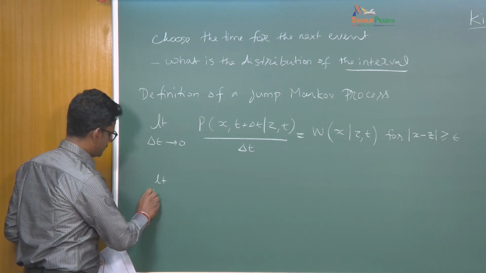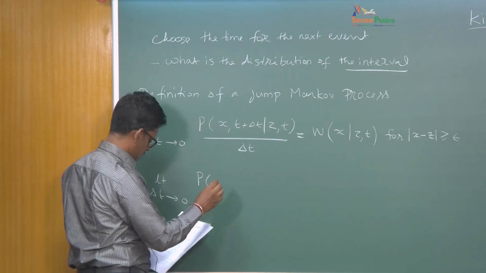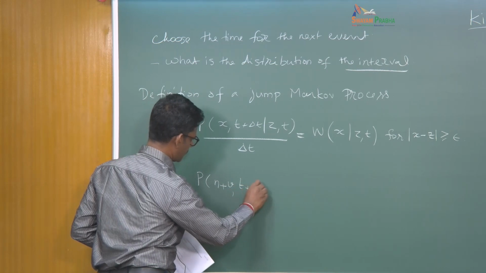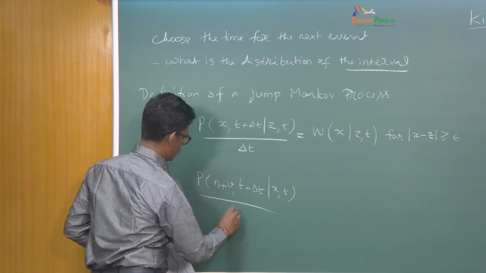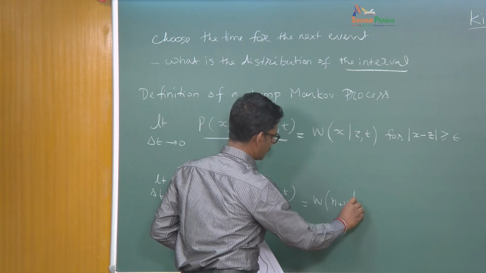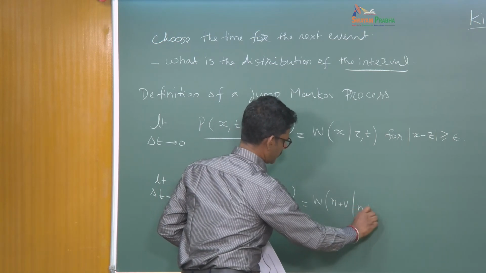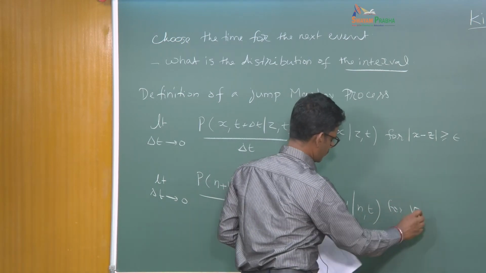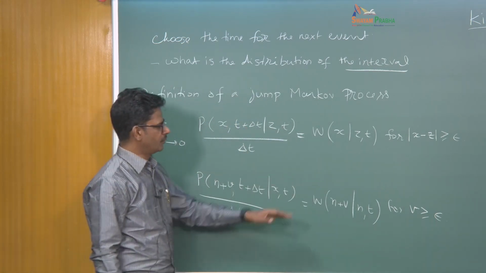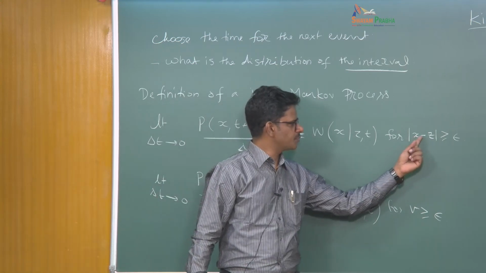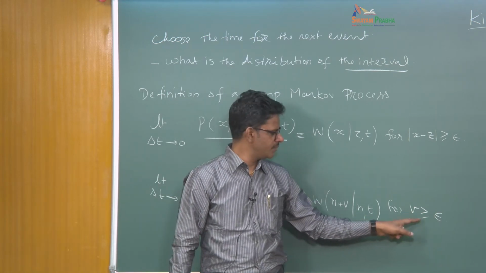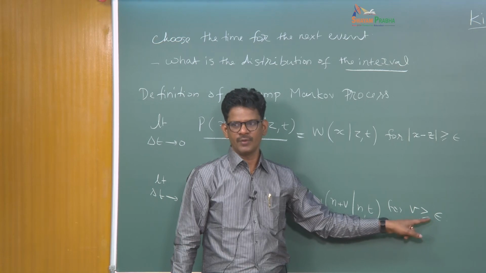So we will rewrite this. What I have done here is that I have said x minus z, the displacement from the current state to the next state, I am denoting with a variable nu, and this variable nu has to be greater than or equal to some small number epsilon.